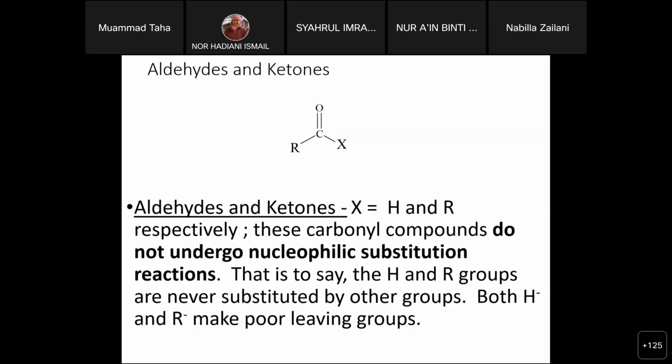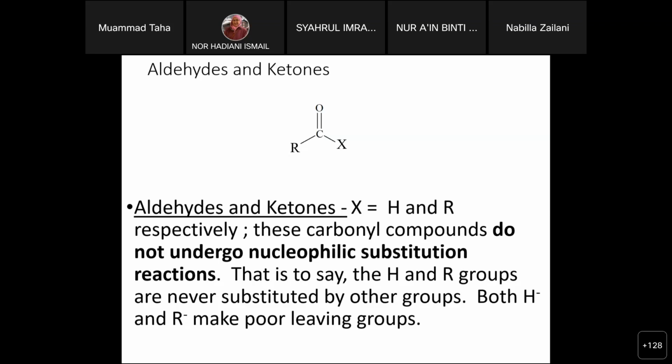Why? Because hydrogen and carbon chains are very poor leaving groups. They cannot leave if, for example, the tetrahedral intermediate forms, but because the Y group of aldehydes and ketones is a very weak or very poor leaving group, it will reverse back. It will not form the product after the elimination of the leaving group.